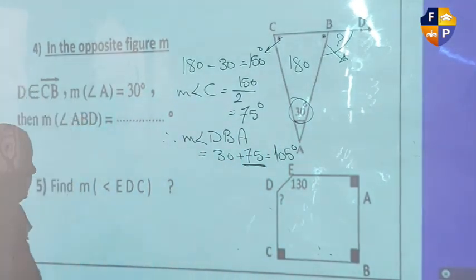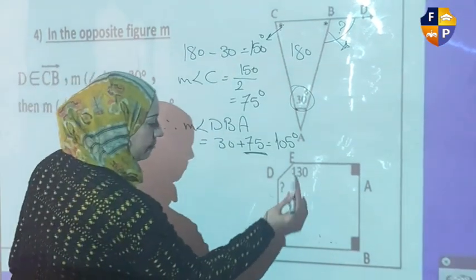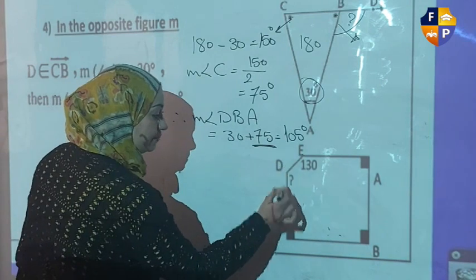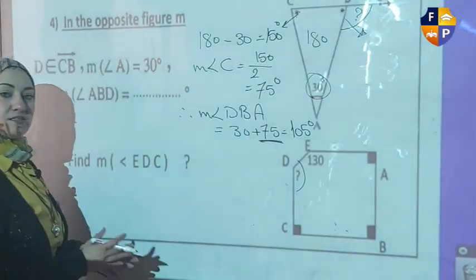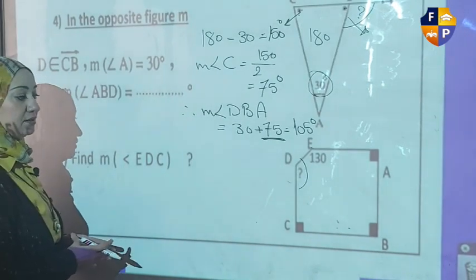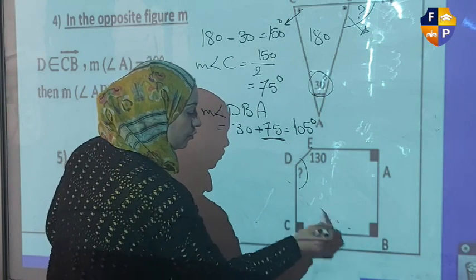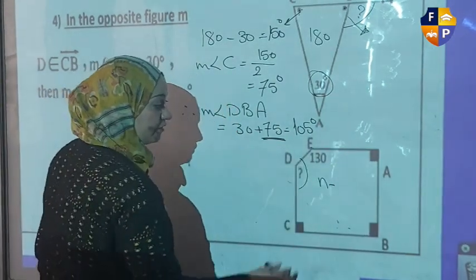Look at this figure. Find the measure of angle DBC, this angle. At the first, we have to get the sum of angles of this polygon. Count the number of sides: 1, 2, 3, 4, 5. So the number of sides is 5.